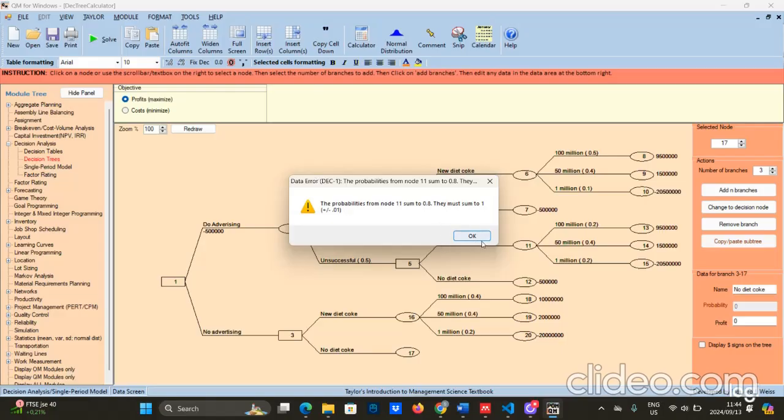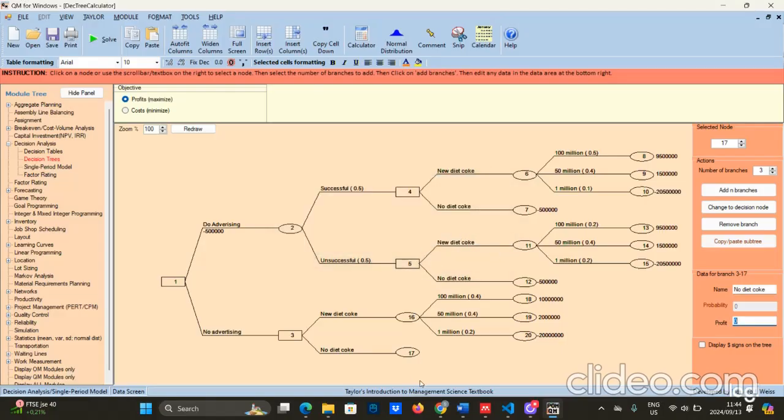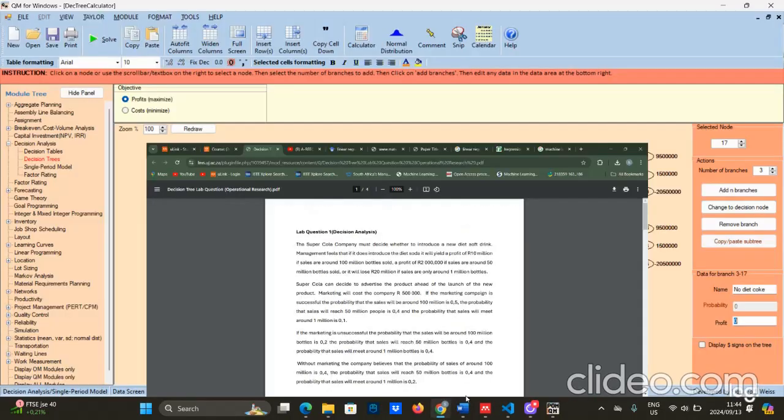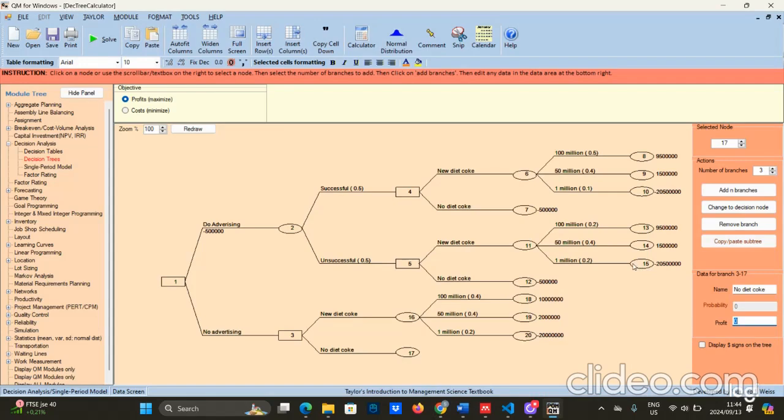Okay. So here they're saying the probability sums up to. Let me check if they said the marketing is unsuccessful. So here there's supposed to be 0.4. Let me just double check. Supposed to be 0.4. Okay, then now I think my decision tree should run.